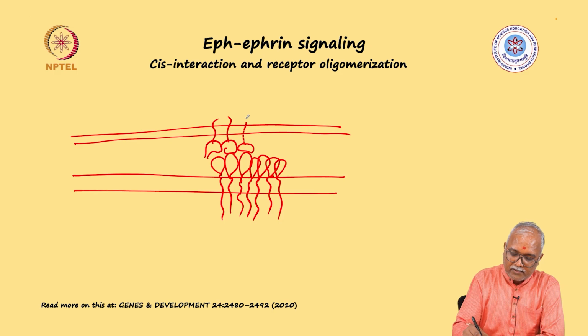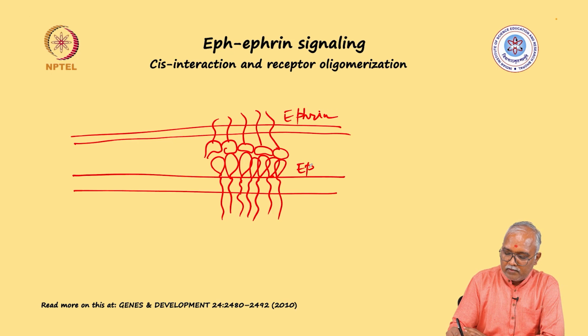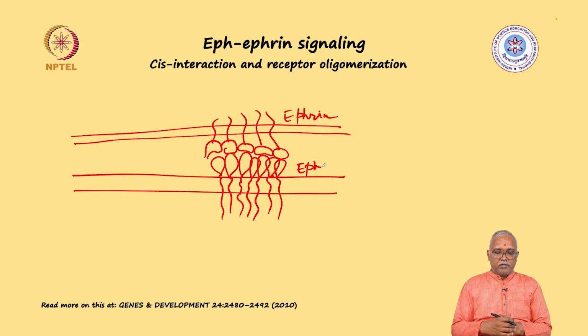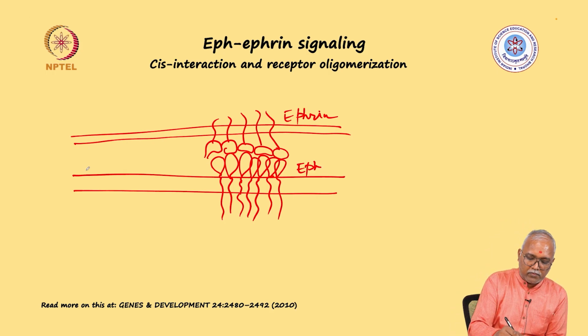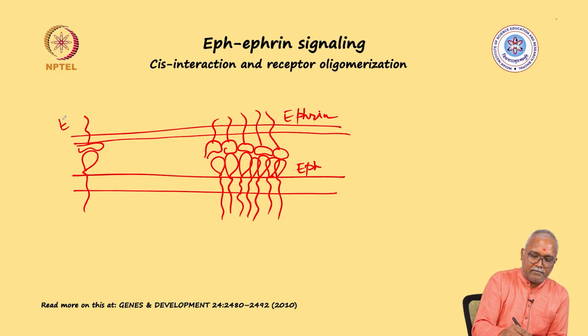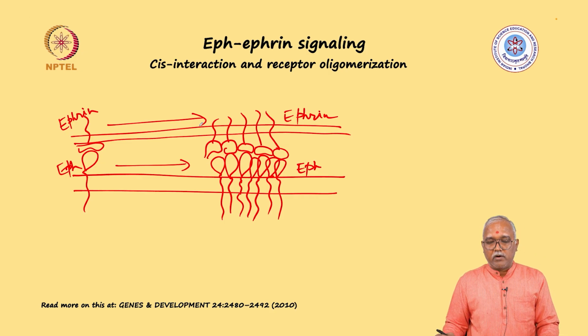So this is a complex which is built up over here with Ephrin and EPH like molecules. It will start with one set of receptor and ligand, but slowly it will grow into these multimeric, oligomeric complexes.